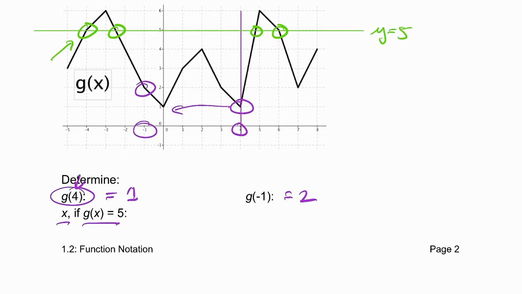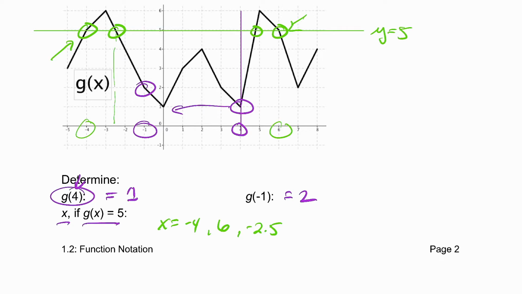So here we could say that x is equal to, in this case, minus 4. And the other one that's really easy to read is this one over here. And we can see that x in this case is 6. The other two are a little bit more difficult only because they don't fall on a crosshair, so we just have to make an approximation. So in this case, this looks like it's approximately negative 2.5, because it's almost in between the negative 2 and negative 3.